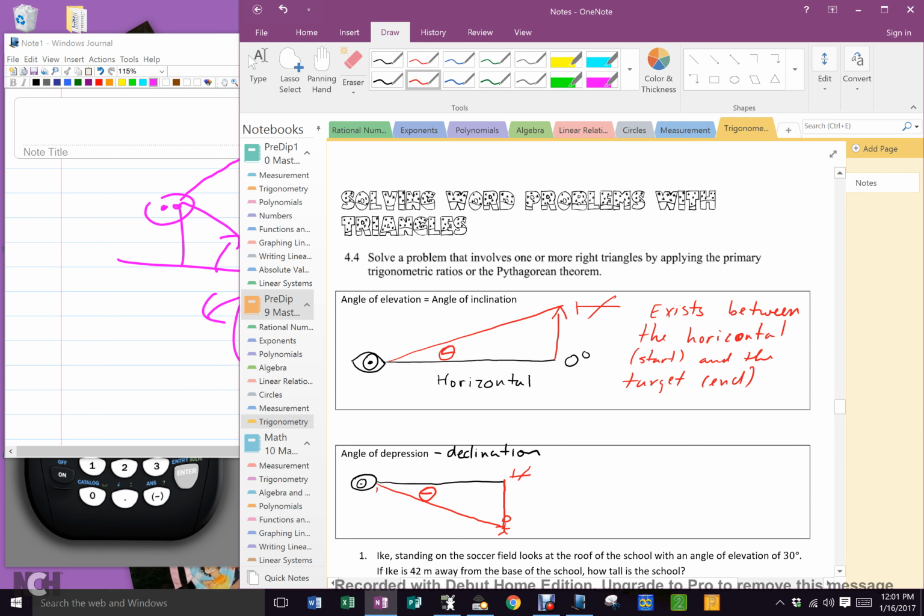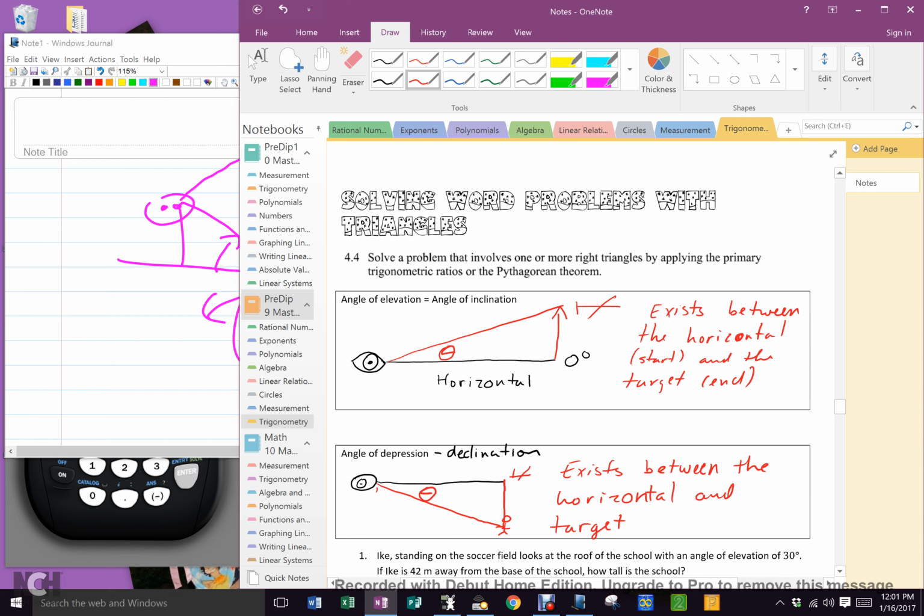Now here is the weird thing. The angle of declination again exists between the horizontal and the target.